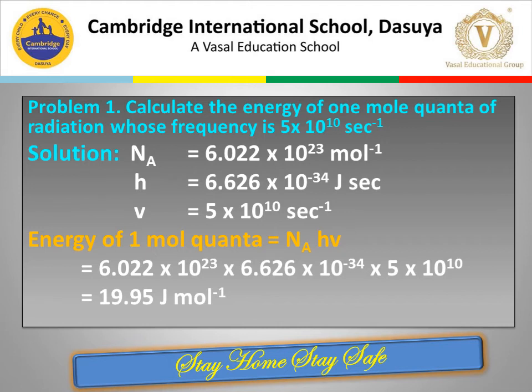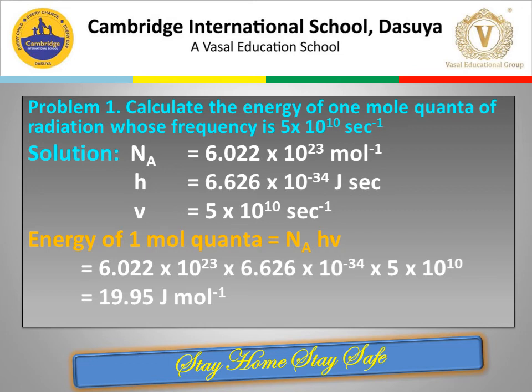Now let us try to solve a numerical based on what we have understood. Calculate the energy of 1 mole quanta of radiation whose frequency is 5 into 10 power 10 second inverse. We will require certain facts here. The Avogadro number Na is equal to 6.022 into 10 power 23. h is the Planck constant and it is equal to 6.626 into 10 power minus 34 joule second.